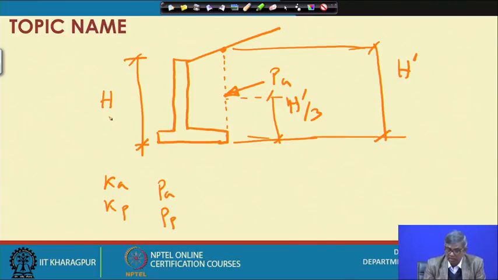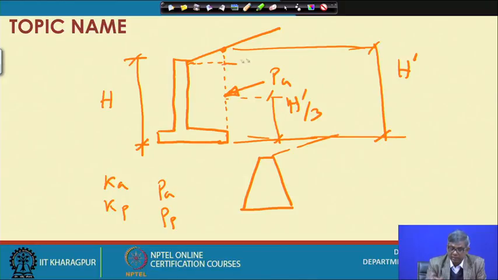Similarly, if there is a wall something like this, then what will be the height of this? This h dash will be h plus something. If this angle is I, and you know this distance, then you can find out this.